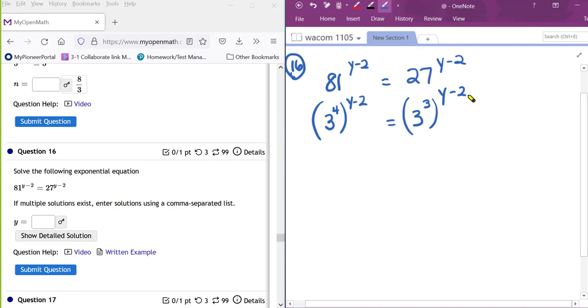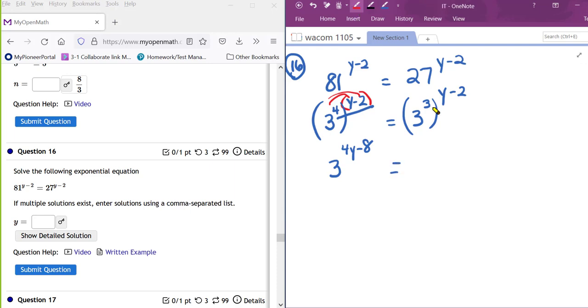Now, on this one, what I wanted you to see, when you're ready to set them equal, but we'll clean up a little bit first, you have to keep the base and multiply the exponents. So you're going to have to distribute that 4 to both of those. So it will be to the 4y minus 8.